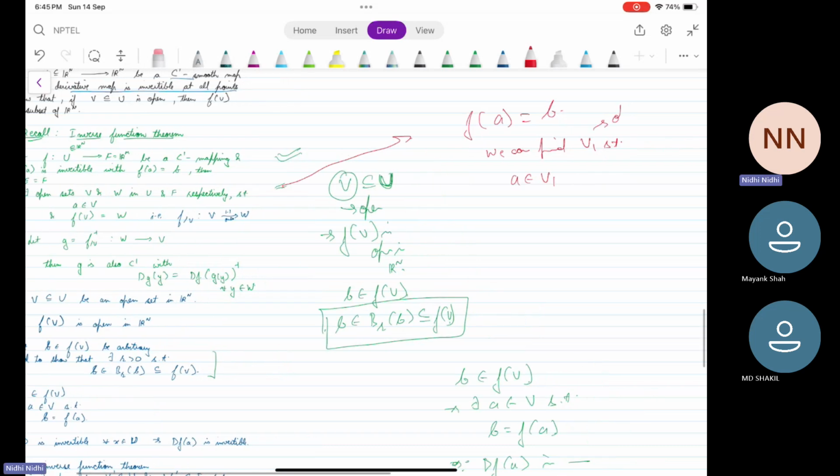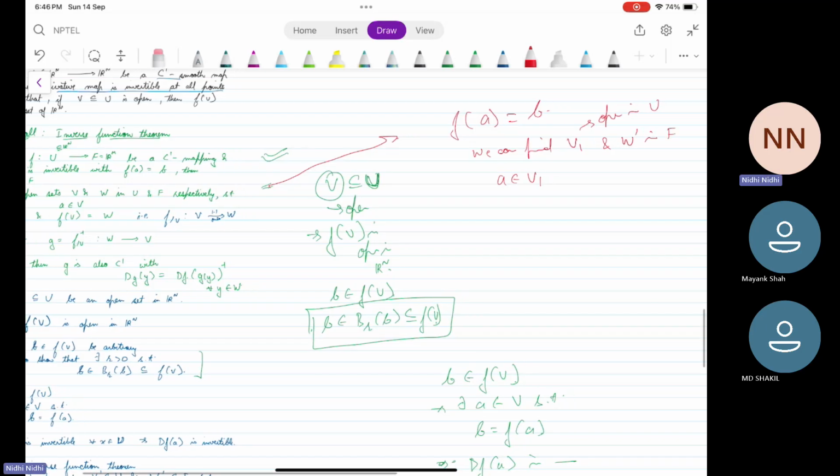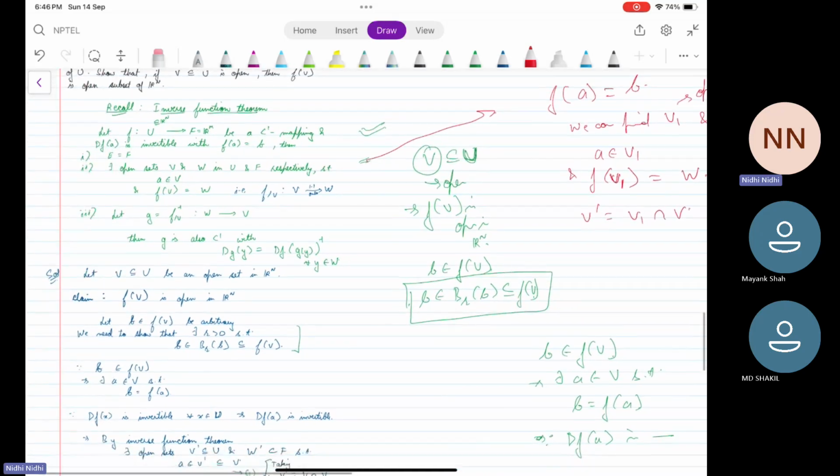This is open in the domain. That domain is our U. And then we have an open set W, so there I took W prime in F, which is again open, such that A is in V1 and F of V1 is equal to W. So instead of V1, then I took V prime to be V1 intersection V. That's because I wanted everything to be eventually a subset of V. Otherwise, it's the same.